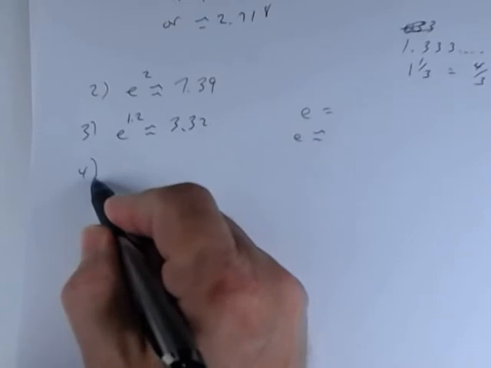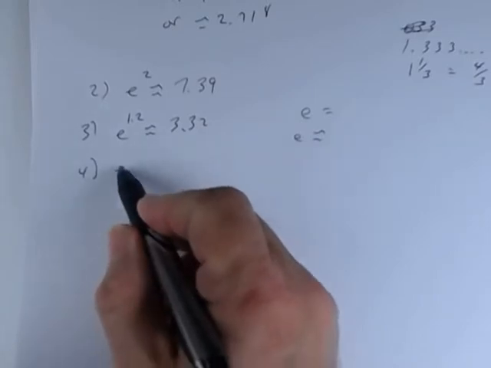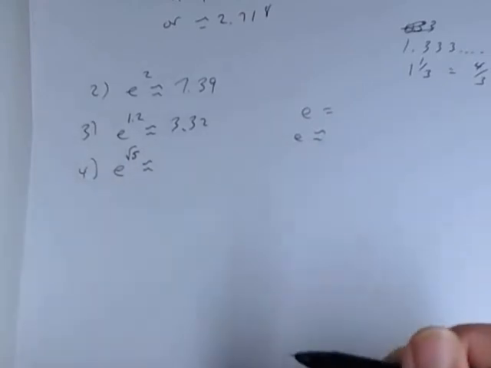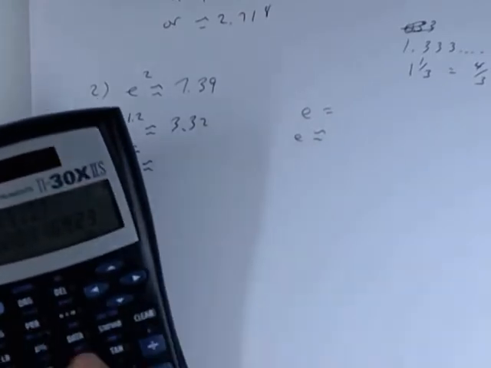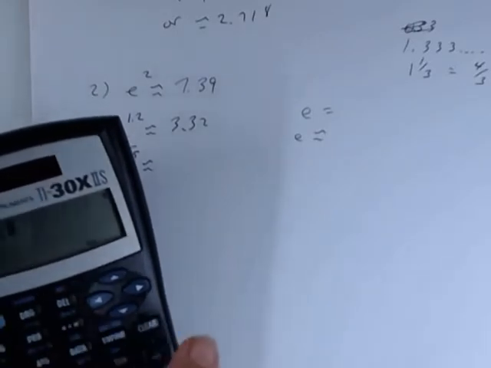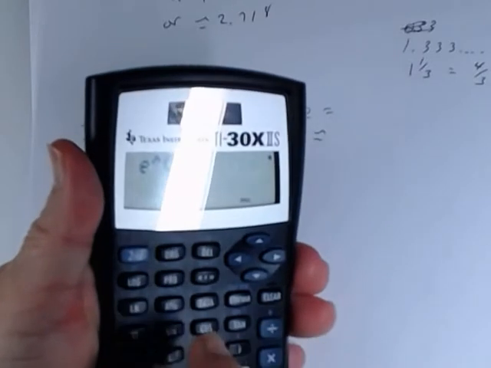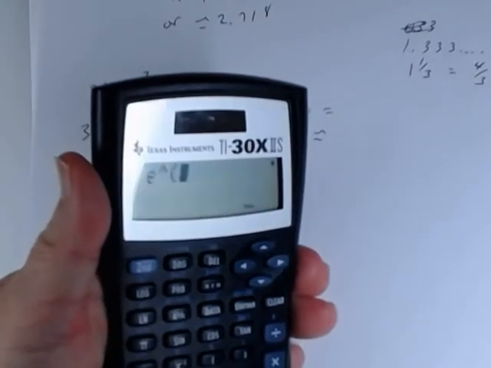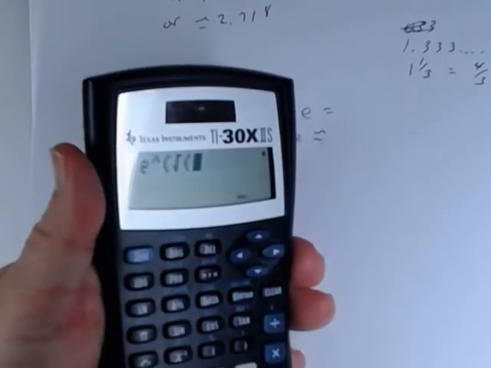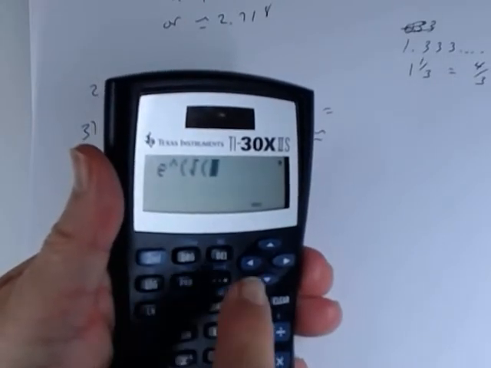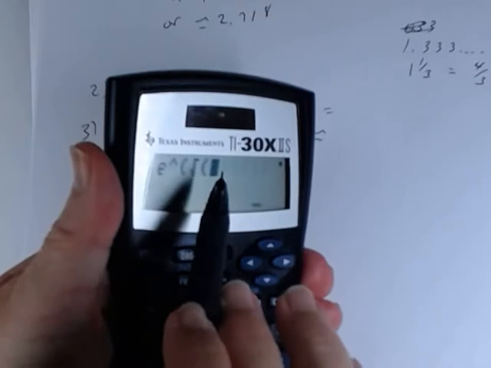All right, 4. Now, E to the square root of 5. So you can type in second ln, right? Then you're going to type in the square root. So I got to type in second square root again. See how it looks? You do that second function twice. Now, what do I type in next here? 5.